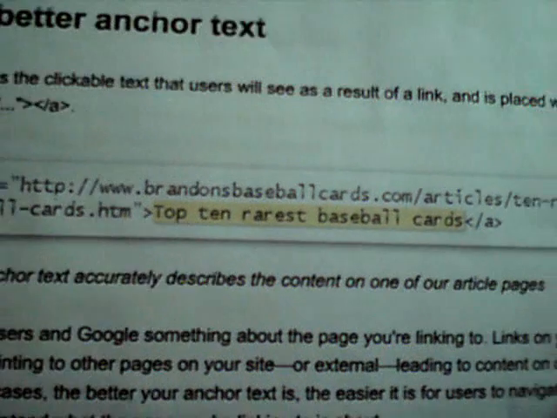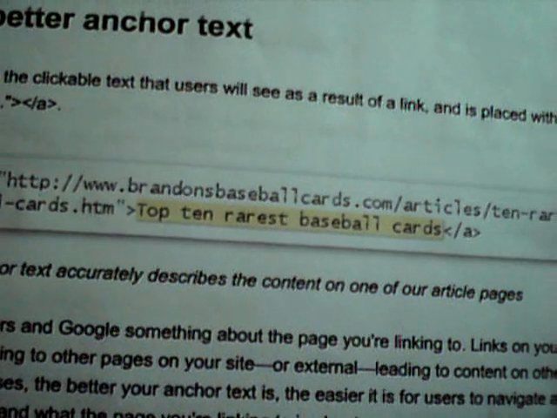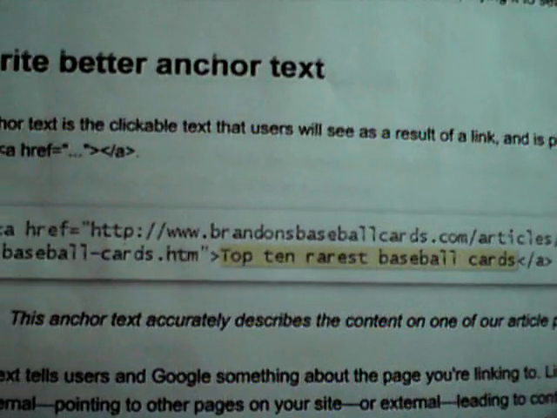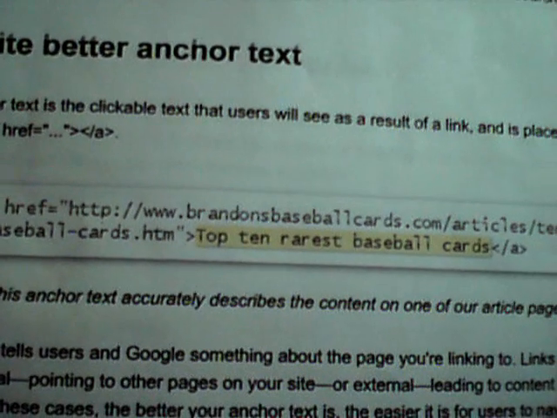In this hyperlink, this is the HTML, the highlighted text is the text that you would see in the link, and then the www.brandonsbaseballcards.com above that would be the actual web address that this link would send you to. When they say anchor text, what they mean is not the hyperlink address, not the website address, but the text that you would click on to go to that link.